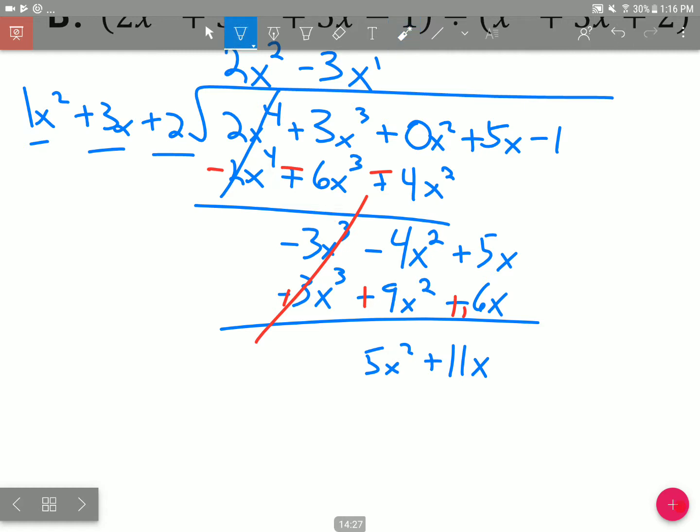So I have to drop my negative 1. What am I going to multiply this one by? Let me ask you this: do we have the x squared already? Yeah, so we need to multiply by x. How do we get the 5?